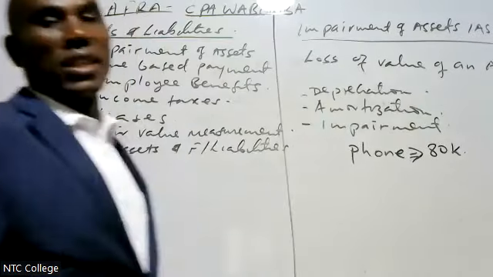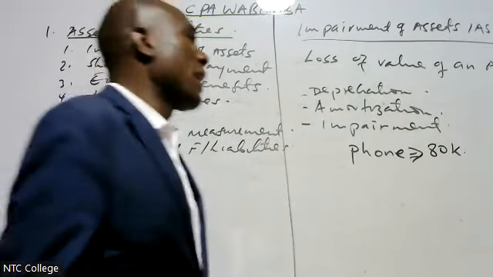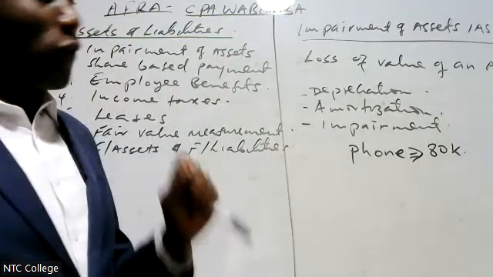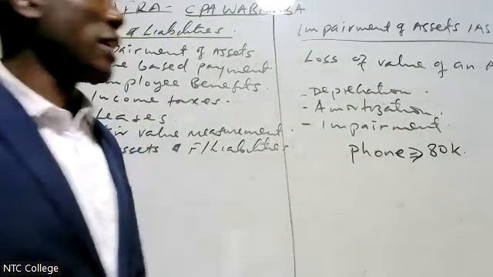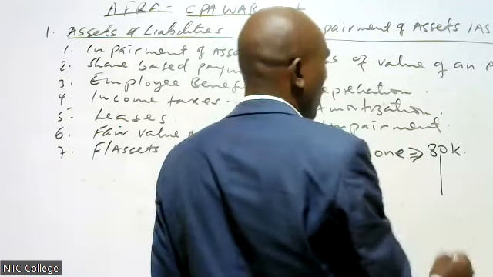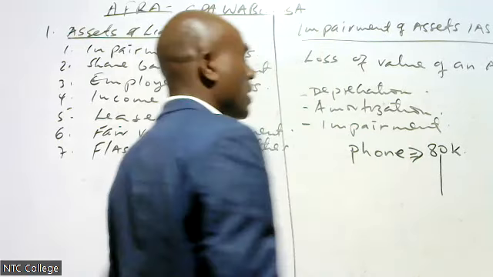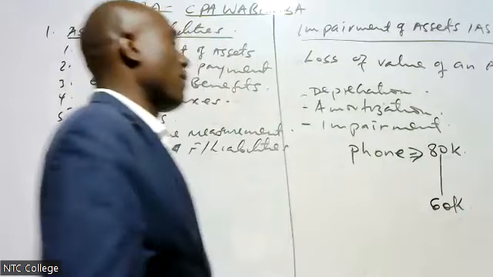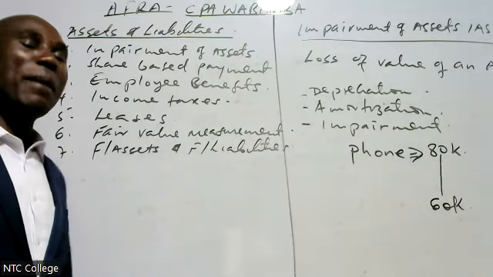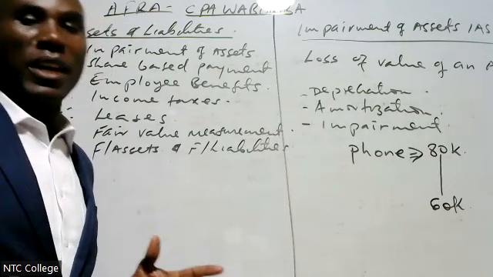You purchase this phone today at 80K. Now, after a few hours, you go to where you purchased the phone, and they tell you that now the phone has come to 60K, 60,000. Remember, it is the same day you purchased that phone.